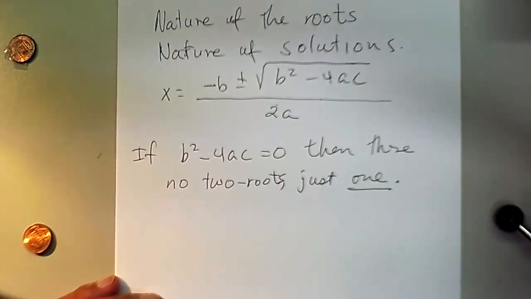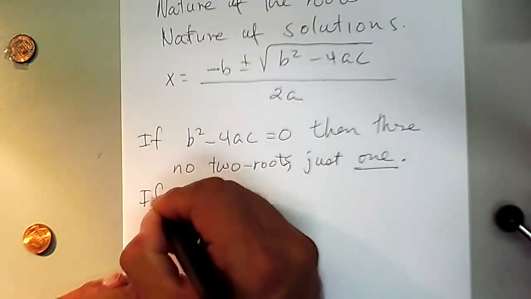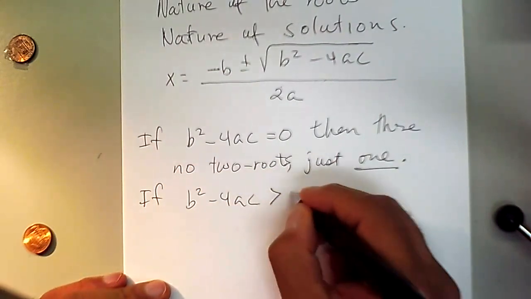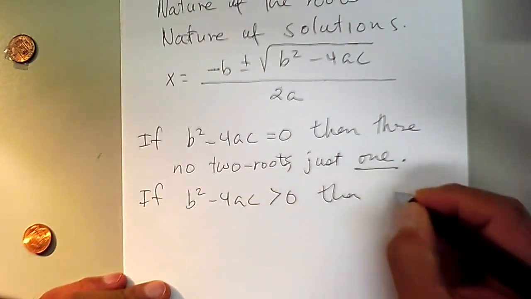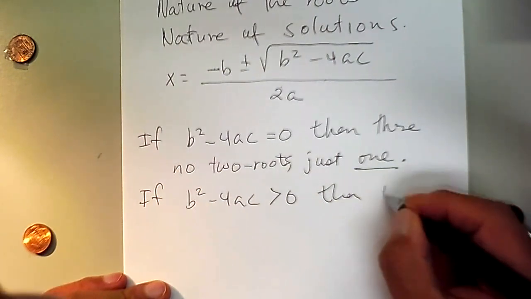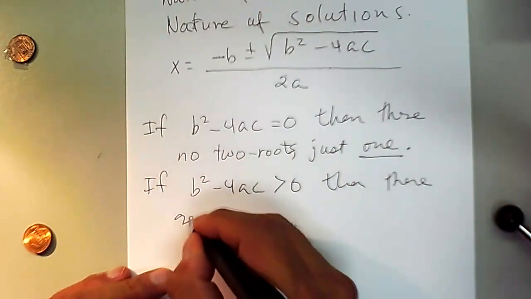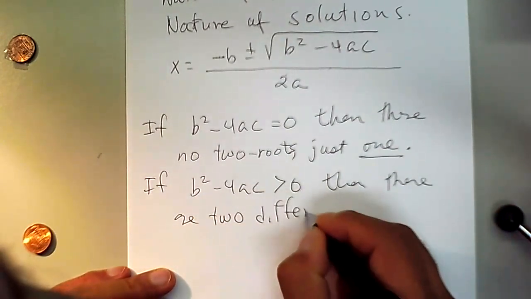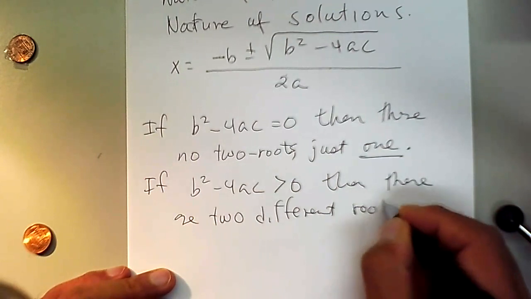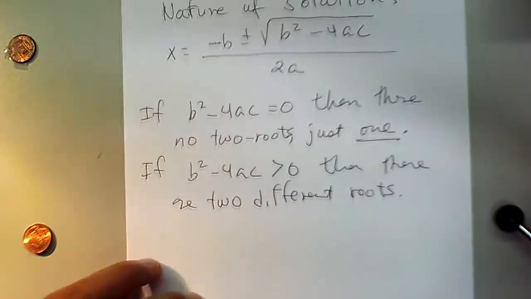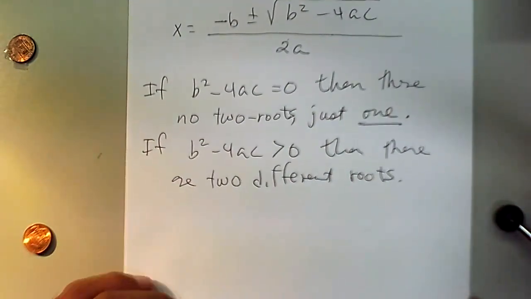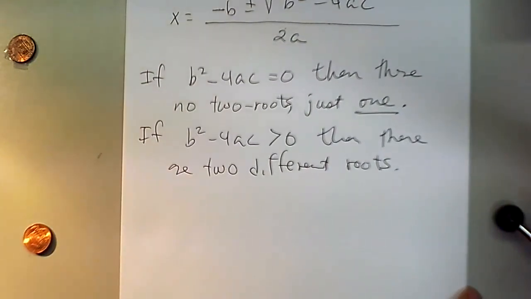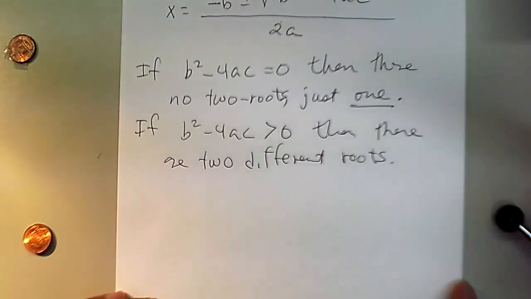If b squared minus 4ac is greater than 0, then there are two different roots. And then it gets more sub-categorized after this.